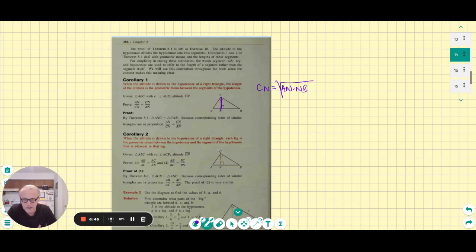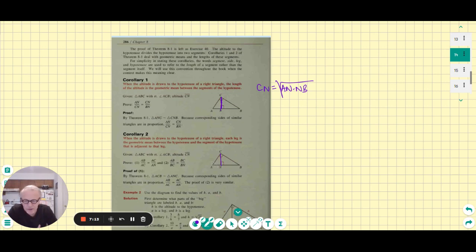Corollary 2: when the altitude is drawn to the hypotenuse, each leg is the geometric mean between the hypotenuse and the segment of the hypotenuse that is adjacent to that leg. So what does that mean? If we've got the altitude drawn here, each leg is the geometric mean.